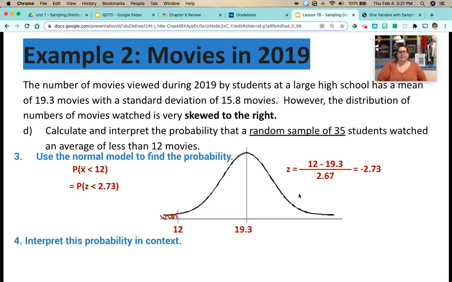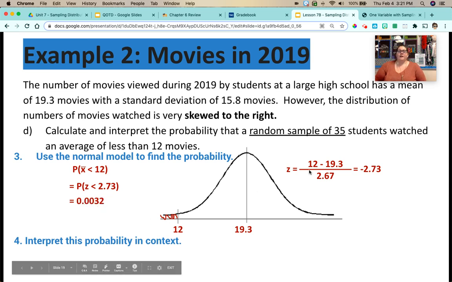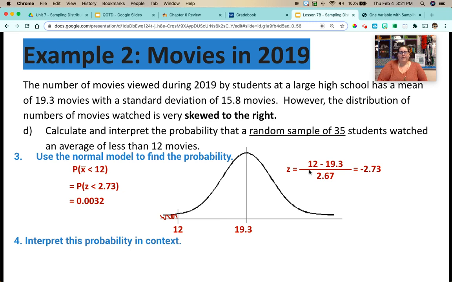I'm sorry, I didn't get the negative over here. Because our z-table always gives me less than, I wouldn't need to do anything to that answer. So I get 0.0032.